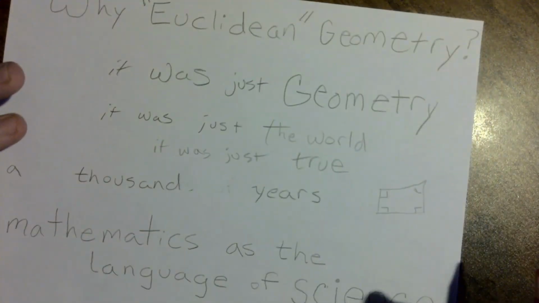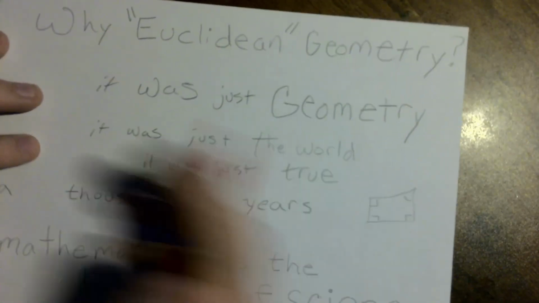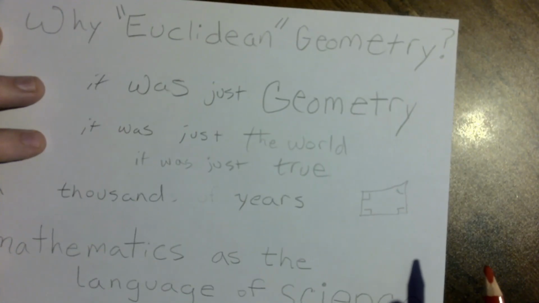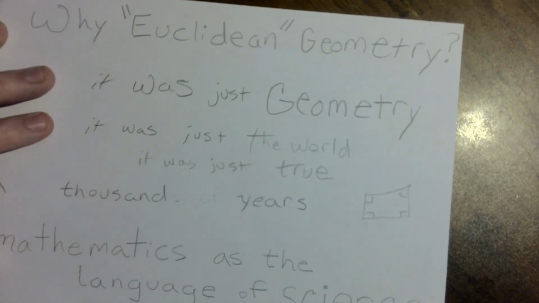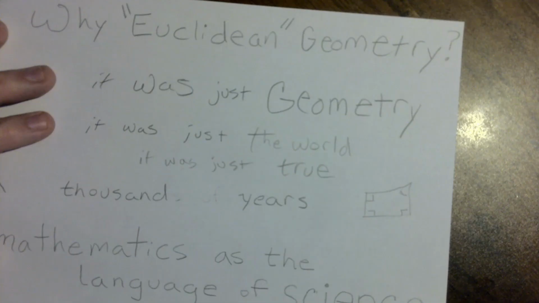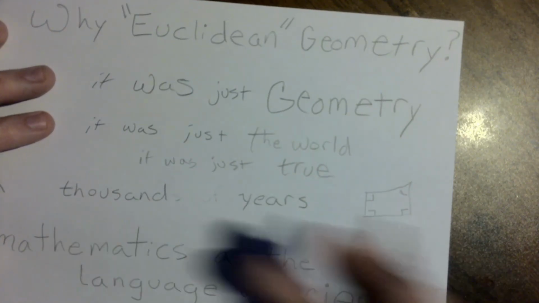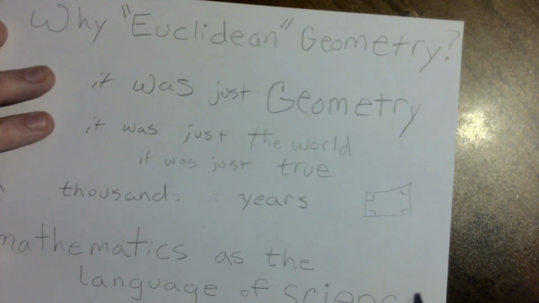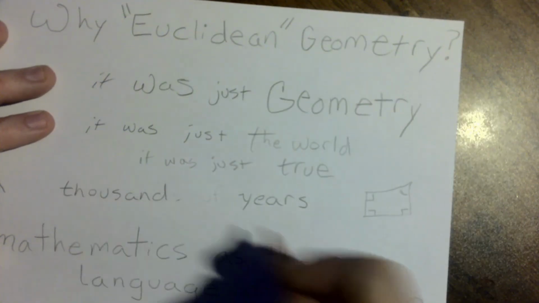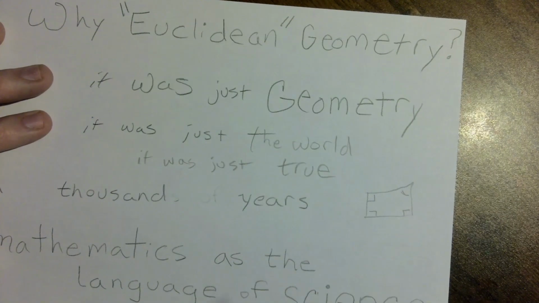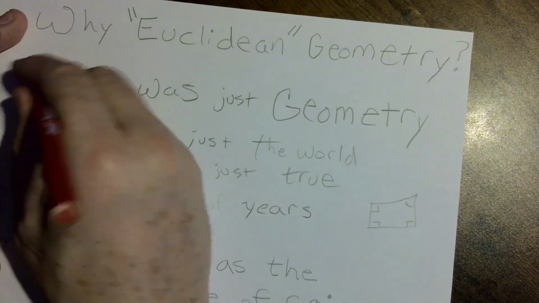Now, why Euclidean geometry? Why are we calling it Euclidean geometry? It was just geometry for 1,000 years. It was just the world. It was just what was thought to be true. You measure all the angles of a triangle, it adds up to 180.